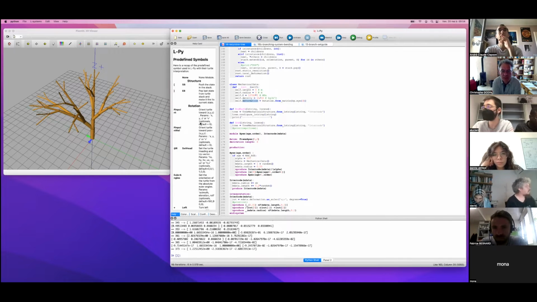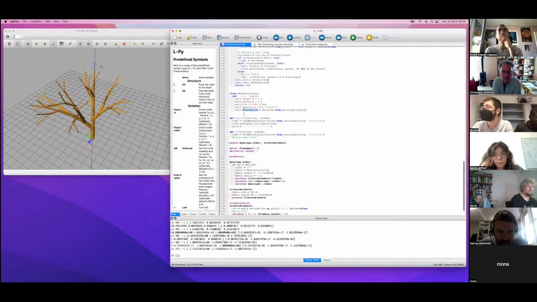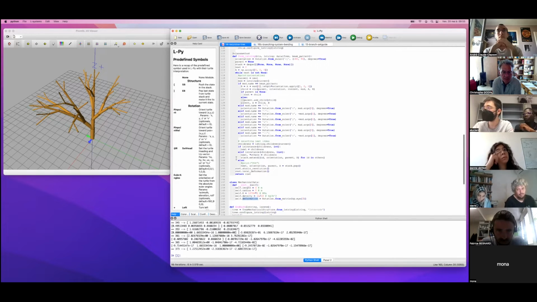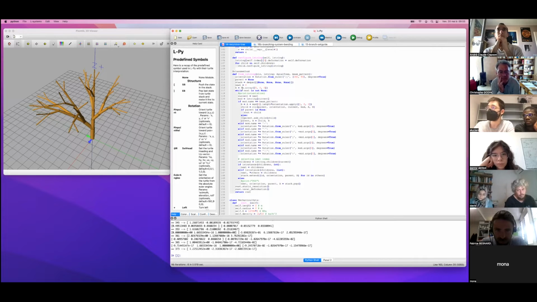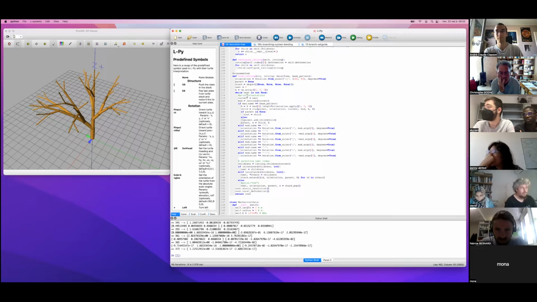First of all, I had to extract the tree from the L string. So I did my own little turtle to walk the tree and extract the different branches or internodes.